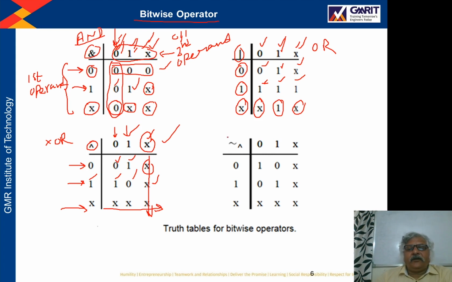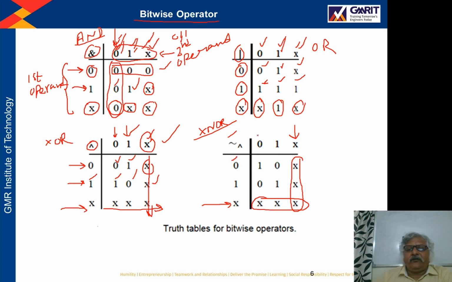In the same way, this is for XNOR. In XNOR also, if one operand is don't care, then it does not depend upon the second operand, and the output is always don't care. Now in this you see the truth table.